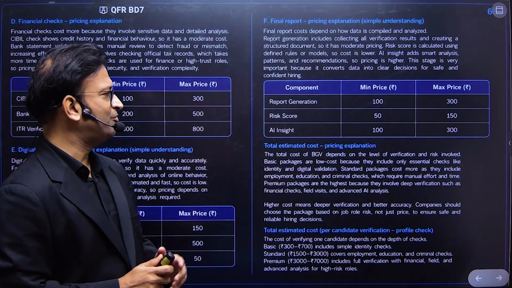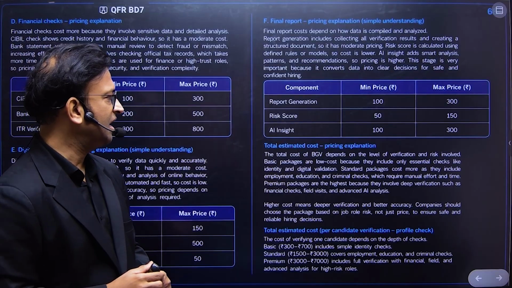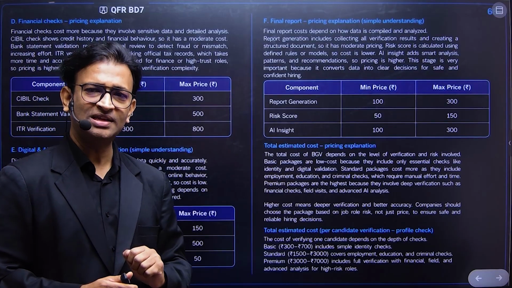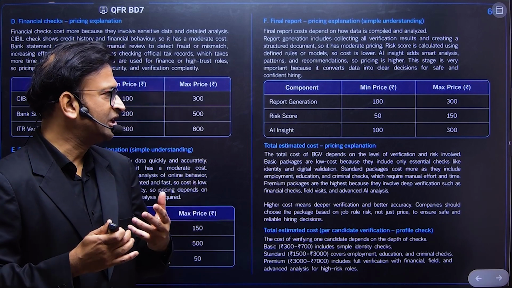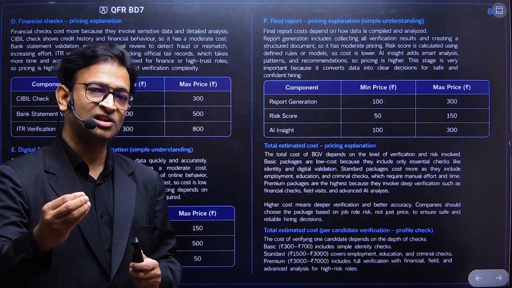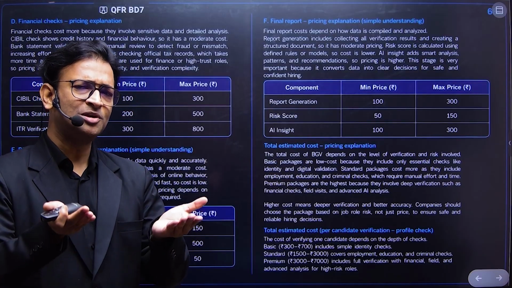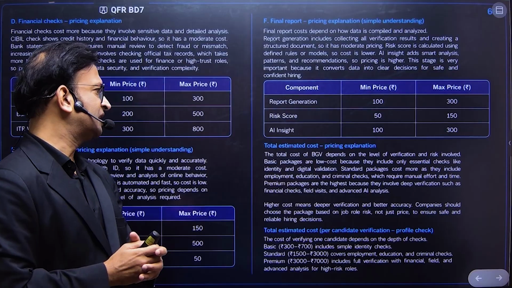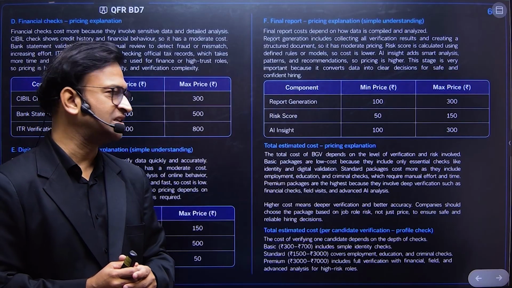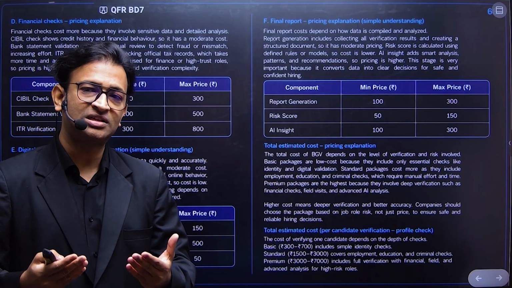The total cost of BGV depends on the level of verification and the risk involved. Basic packages are low priced because they include only essential checks like identity and digital validation. Standard packages cost a little bit more because they include employment, criminal checks, education, credential validation, and require a lot of manual effort and time.